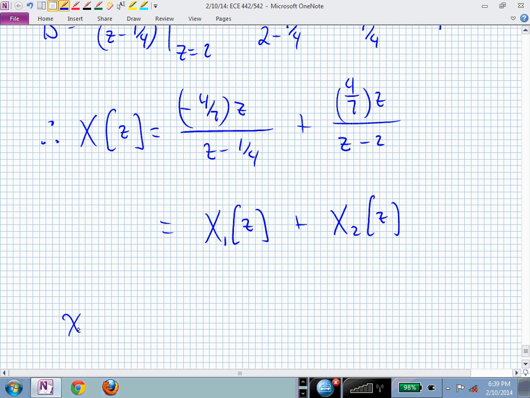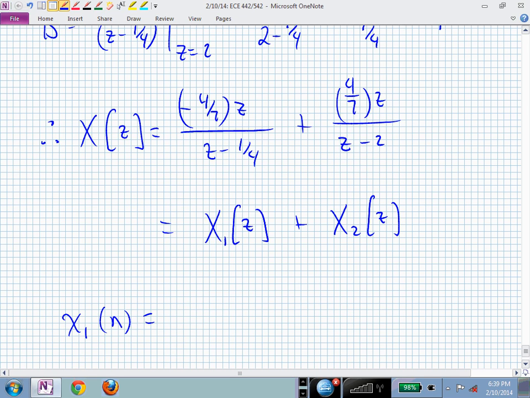What is x sub 1 of n? Now we simply inverse z transform. We look in the z transform table, and we have z over z minus r.